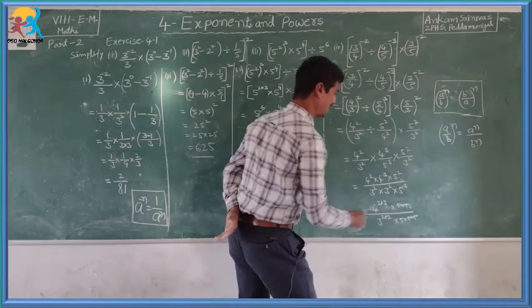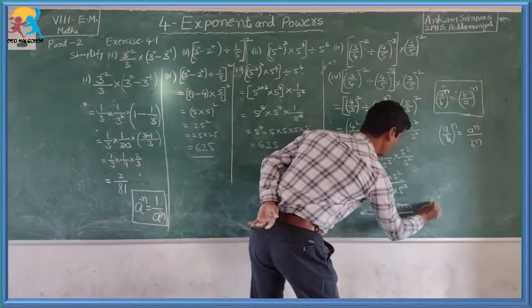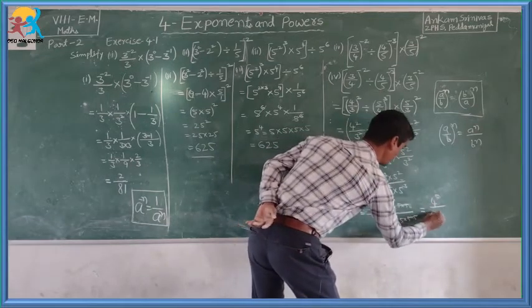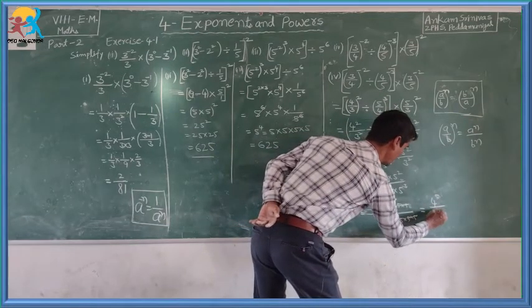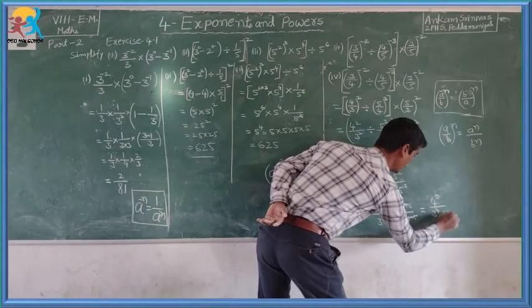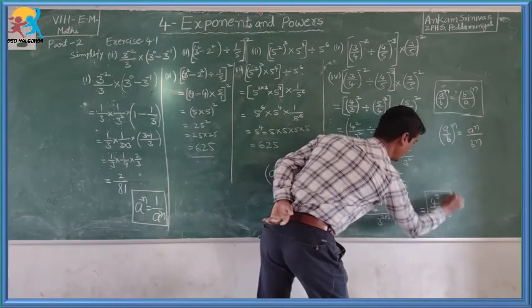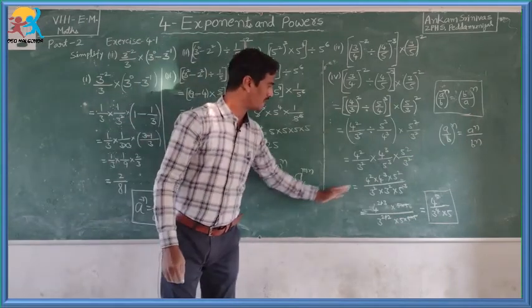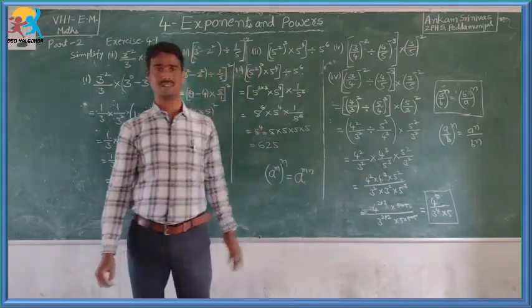This 2 will be cancelled. You will get 4 power 5 by 3 power 4 into 5. This is the final answer. By expanding, we will get the complete answer.